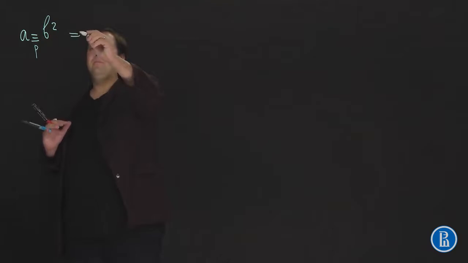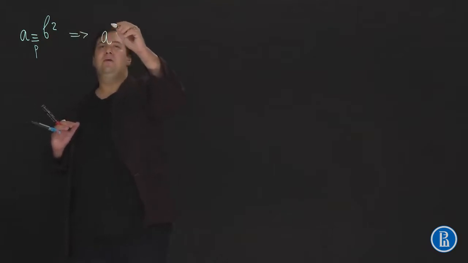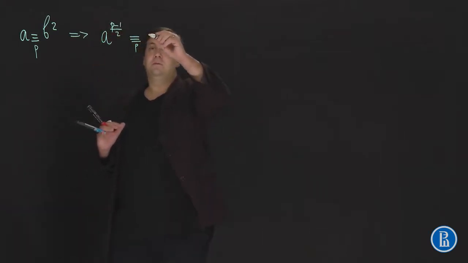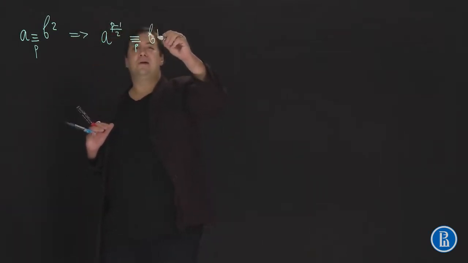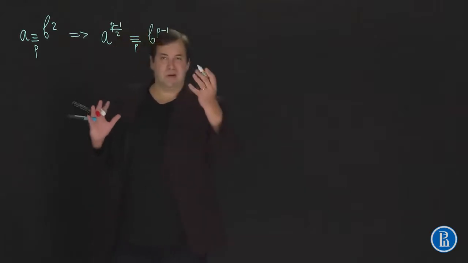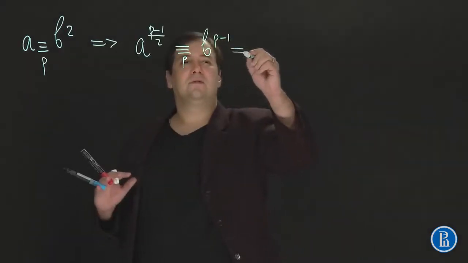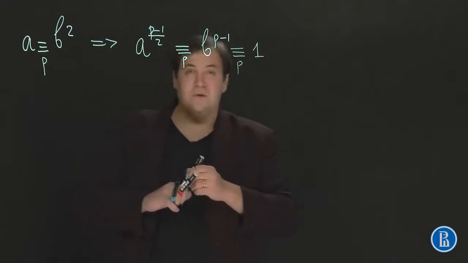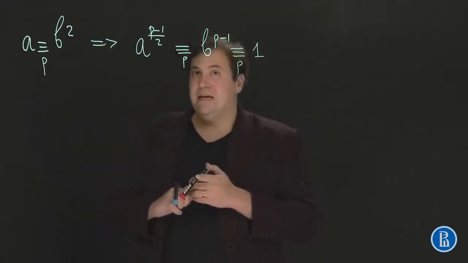Then A to the power (P minus 1) over 2 is congruent to B to the power P minus 1, since A is like B squared. And this is congruent to 1 according to Fermat's little theorem.